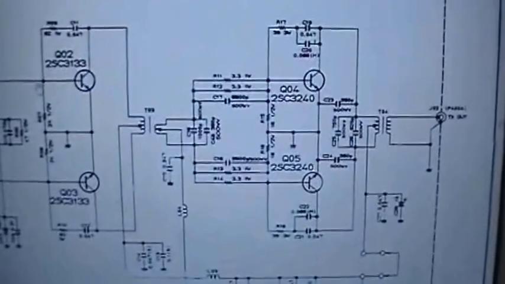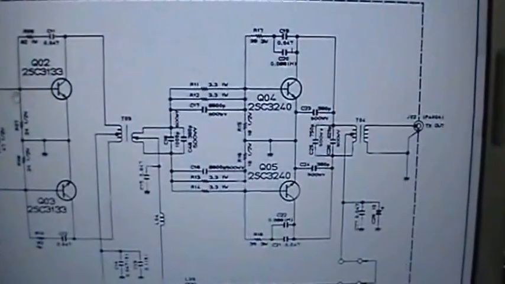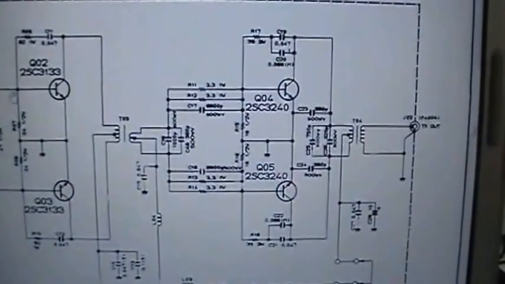Well, this is a wiring diagram of the power amplifier.